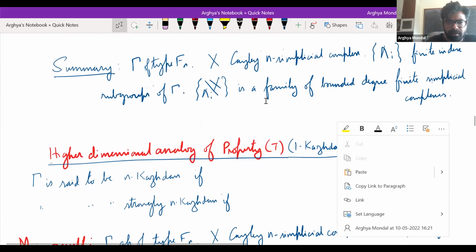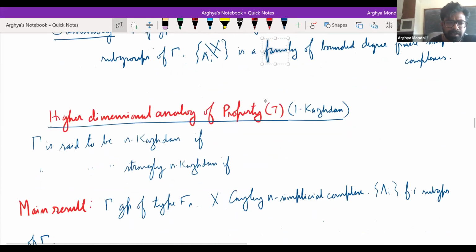So gamma is said to be n-Kazhdan if Hn of gamma with coefficients in pi is equal to 0.